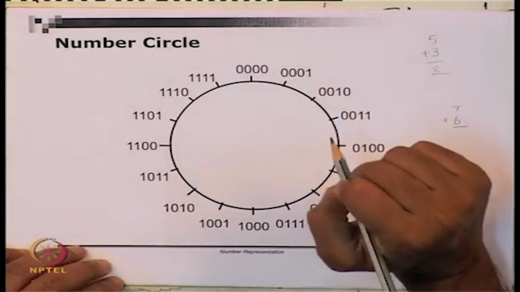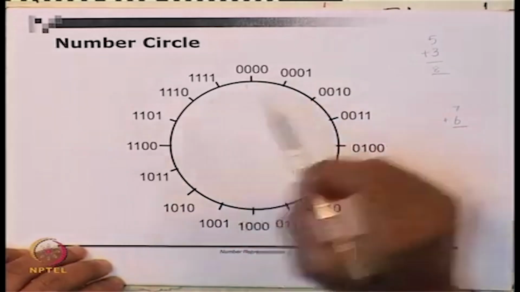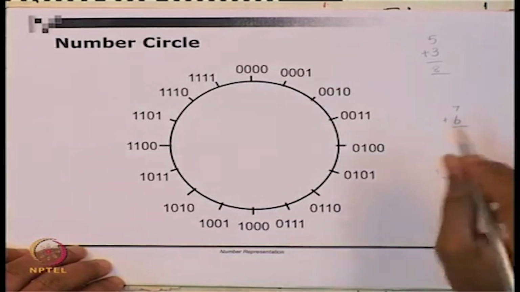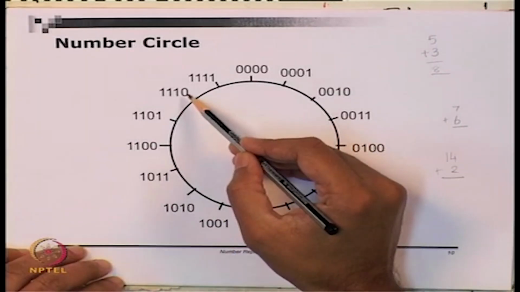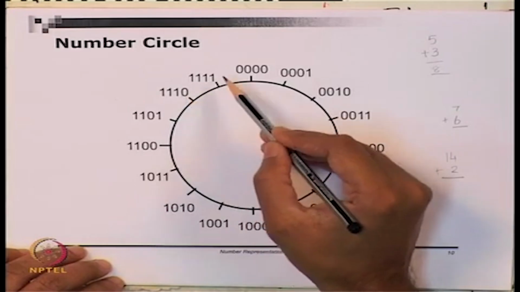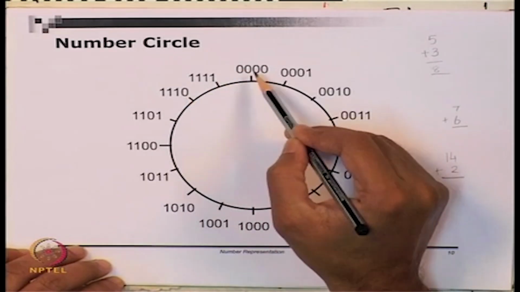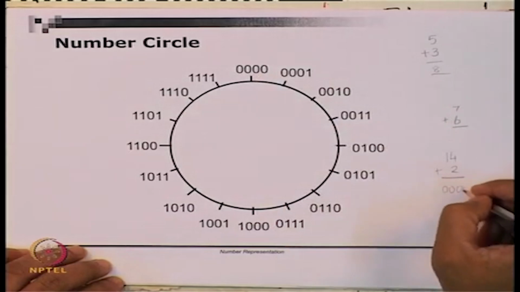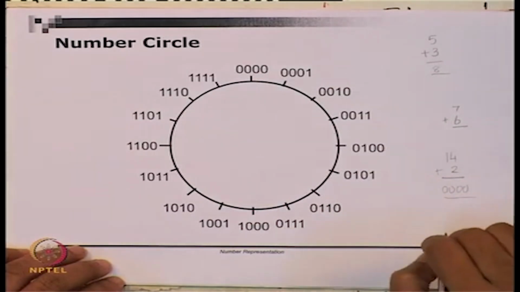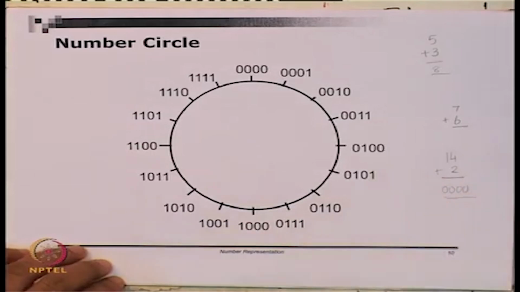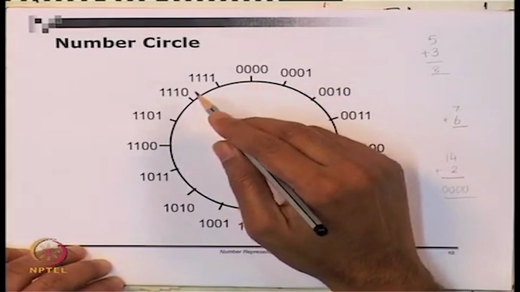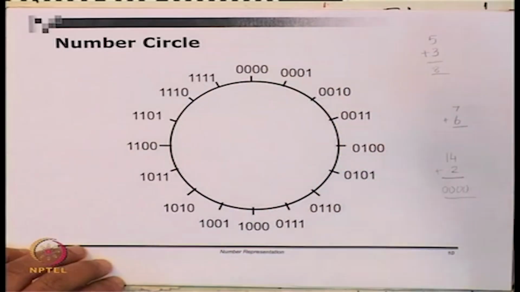There are a few problems, however. For example, let us say I ask you for 14 plus 2. You would start from 14, which is 1 1 1 0, and go 2 steps forward, and you end up with 0 0 0 0. If you say that 14 plus 2 is 0 0 0 0, it is technically not correct. 14 plus 2 in decimal is 16. However, since I am forcing you to give only a 4-bit representation, even in unsigned numbers you cannot represent 16 using only 4 bits.